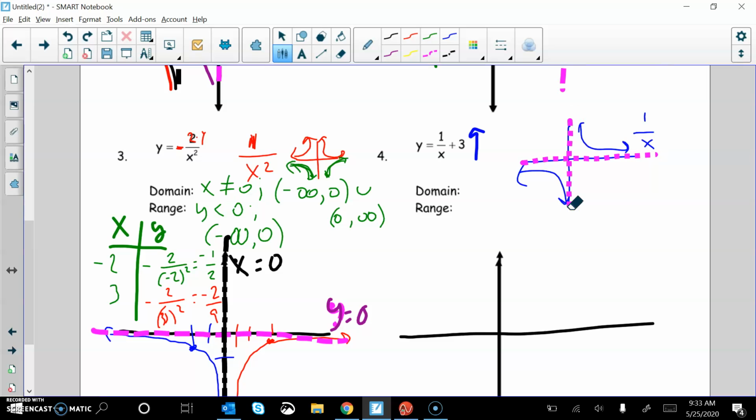The only difference for number 4 is that we're shifting it up 3 units. So 1, 2, 3 is where my horizontal asymptote is now going to occur. So at the line y equal to 3 is my horizontal asymptote.